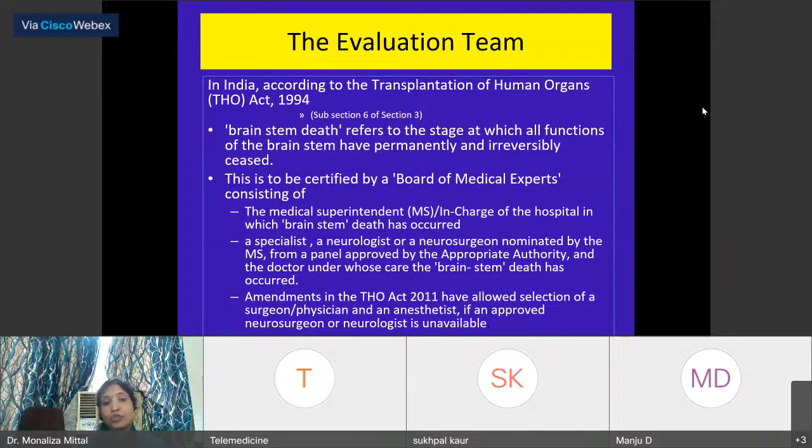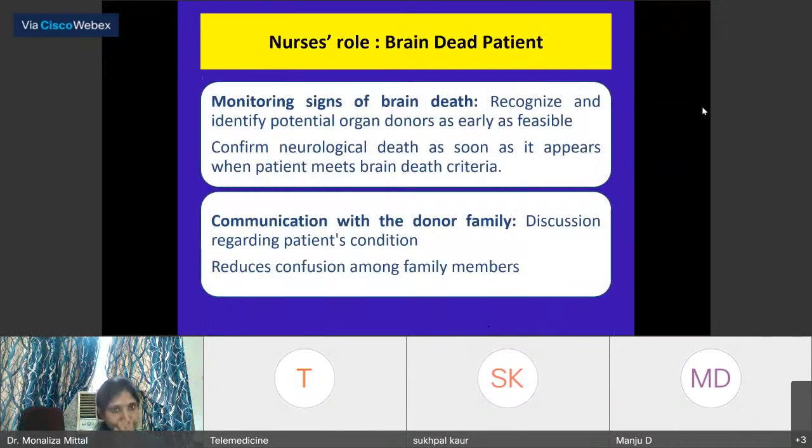This has to be certified by a board of medical experts, which consists of the medical superintendent in charge of the hospital in which brainstem death has occurred, a specialist, a neurologist or a neurosurgeon, nominated by the medical superintendent from a panel approved by the appropriate authority, and the doctor under whose care the brainstem death has occurred. One amendment in 2011 allowed the selection of a surgeon or physician and an anesthetist if an approved neurosurgeon and neurologist are not available in the setting.